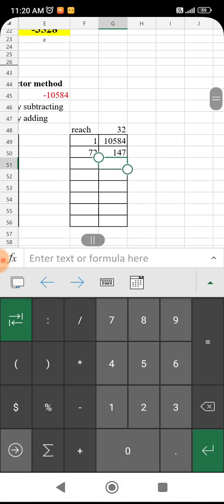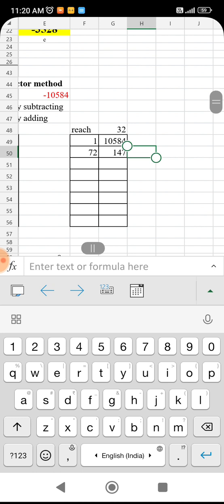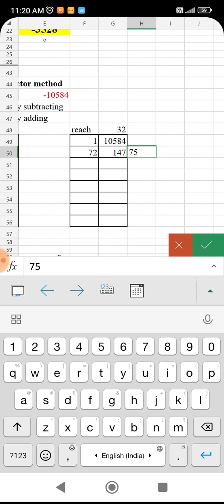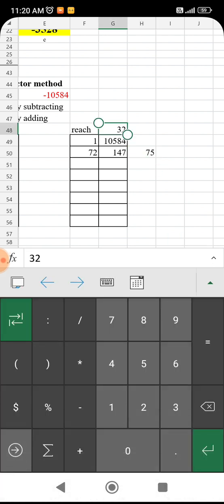Now if we subtract these two, the value will become 75. But we have to reach 32, so that means we have to multiply still more.